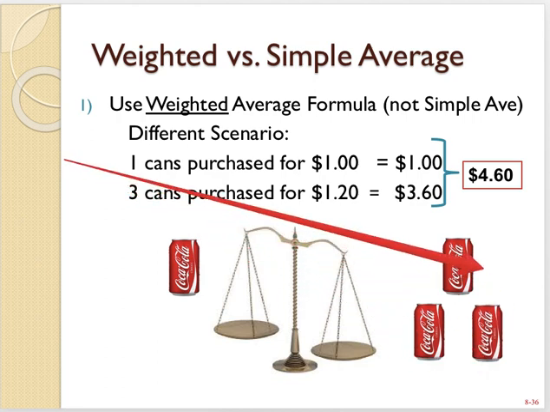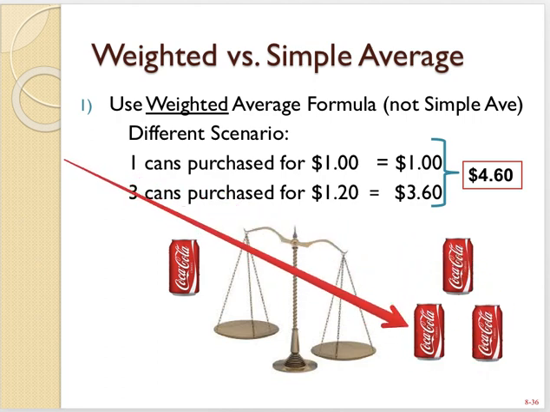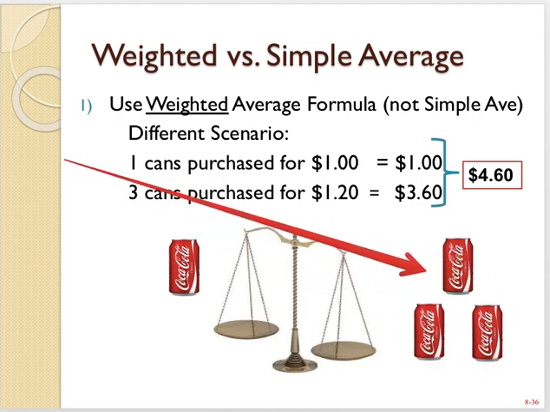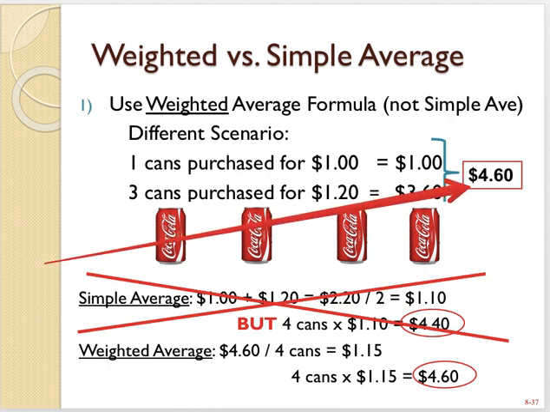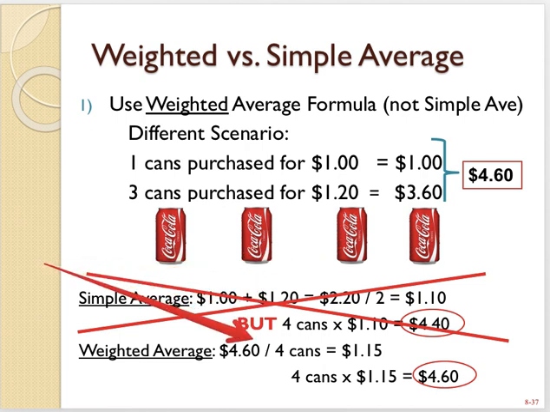And you see here now we're going to put a higher weight on these 3 cans that were heavier or more costly. So the way the math works is now we take a weighted average. Okay, we're going to take, remember, total cost, which was $4.60. And so we have $4.60 as our numerator. And then we divide that by the total number of units, which we have 4 units, right? So 4 cans. And now our weighted average is $1.15.